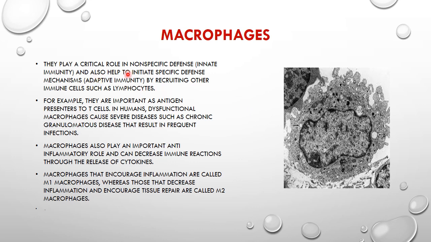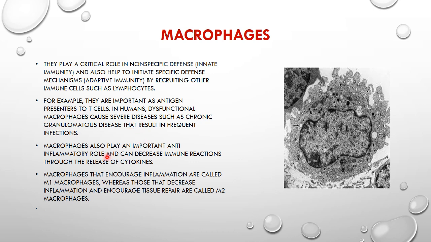Now, they play a critical role in non-specific defense, innate immunity, and also help to initiate the specific defense mechanisms, that is, the adaptive immunity, by recruiting other immune cells such as the lymphocytes. They are important as antigen presenters to the T cells. In humans, dysfunctional macrophages cause severe diseases such as chronic granulomatous disease that result in frequent infections.